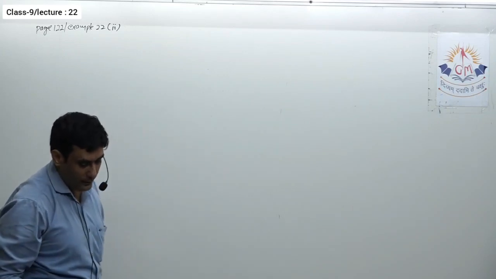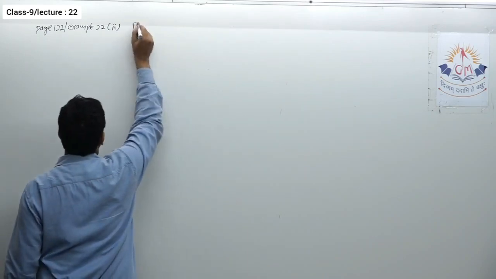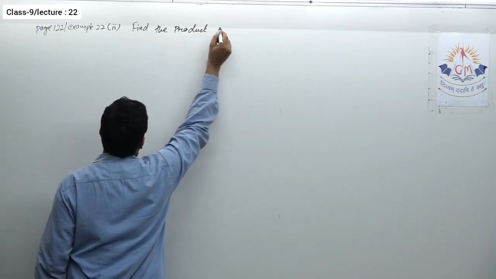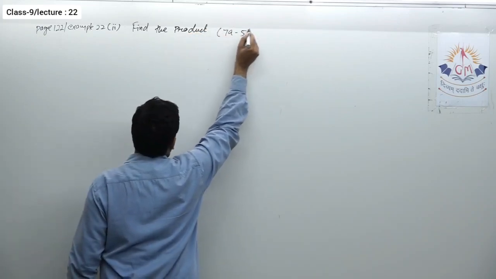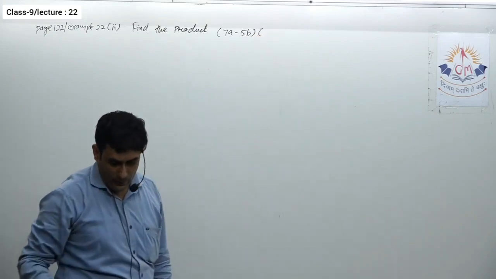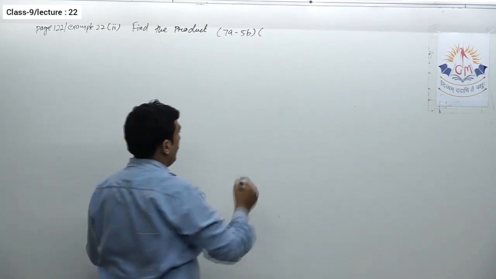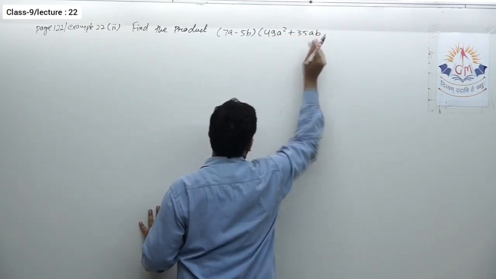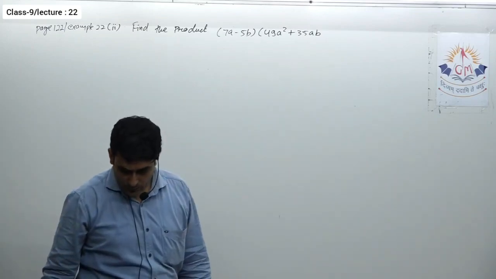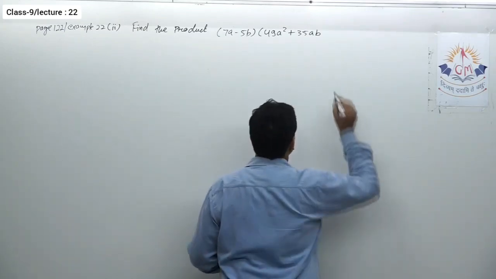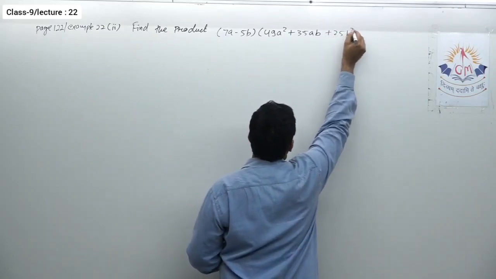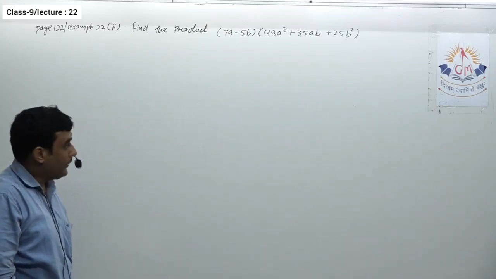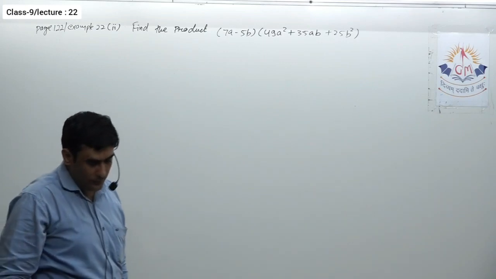You have to find the product of 7a minus 5b multiplied by 49a square plus 35ab plus 25b square.